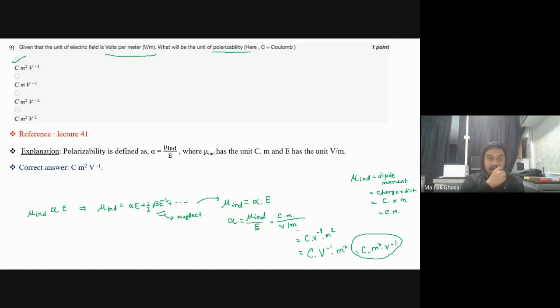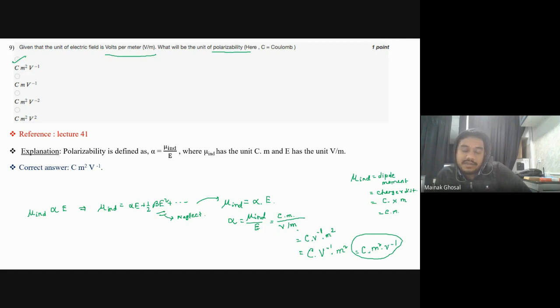That is the electric field. Electric field has unit of volt per meter. So the unit of polarizability will be calculated, and it will be given as mu induced by electric field. And mu induced is nothing but a dipole moment. It is the induced dipole moment. Okay.